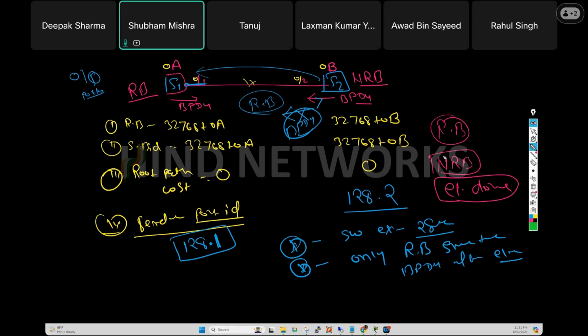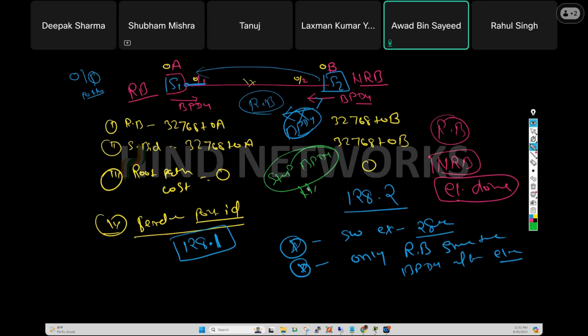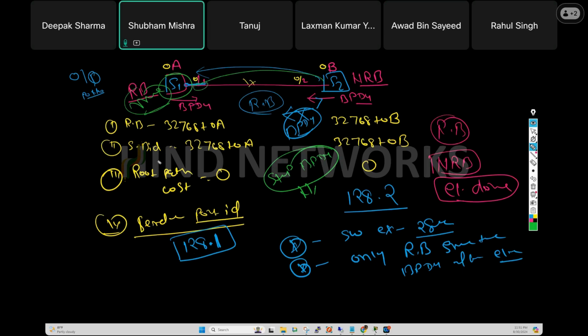Now, the answer is also the same. Switch number 2 stops sending the BPDU. And this is the way by which switch number 1 will understand switch number 2 accepts me as a root bridge, because I am not getting any BPDU from switch number 2 now. Getting my point? Only the first time both switches exchange the BPDU. After the election, only switch number 1 sends the BPDU after every 2 seconds, because switch number 1 is now the team leader.